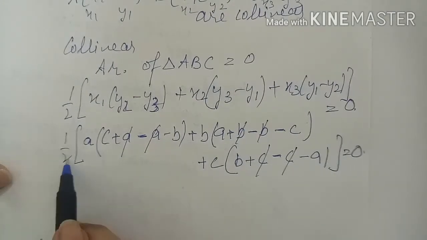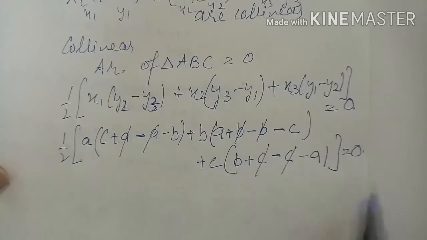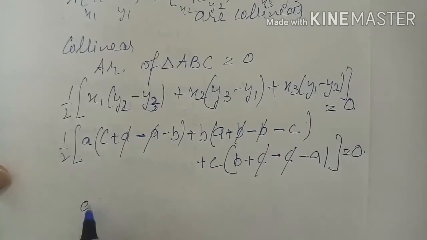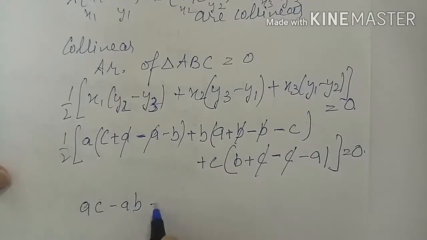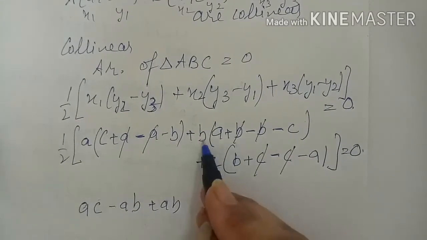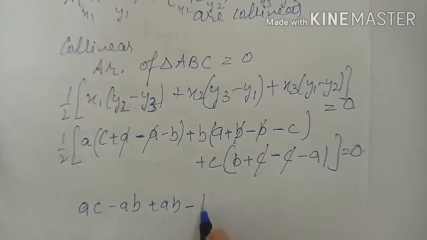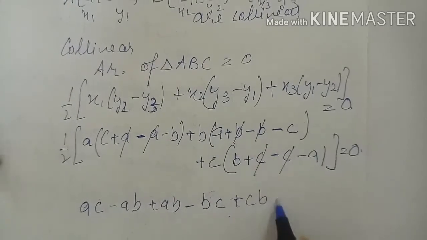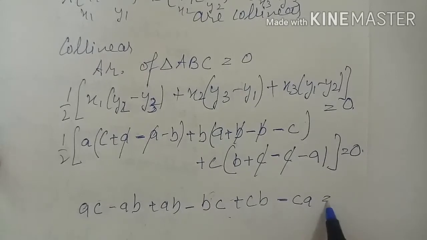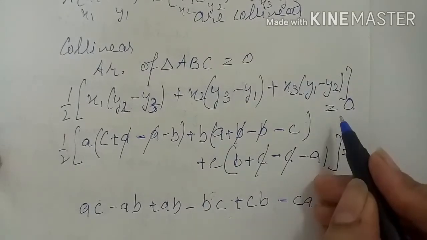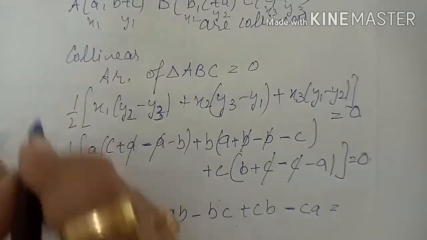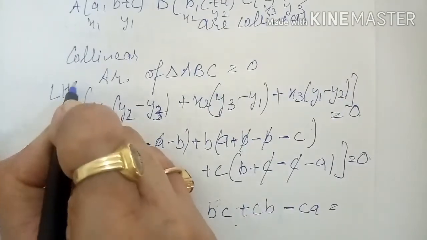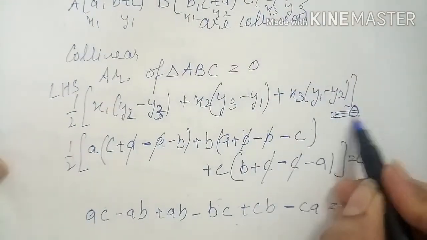Then what will this be? A half, because the right side is 0, so it will go to 0, then AC minus AB plus AB minus BC, and then plus CB minus CA equals to, now we have to show it is equal to 0, so we are doing it by the left hand side, not every time 0.